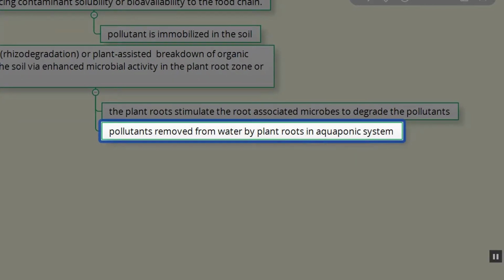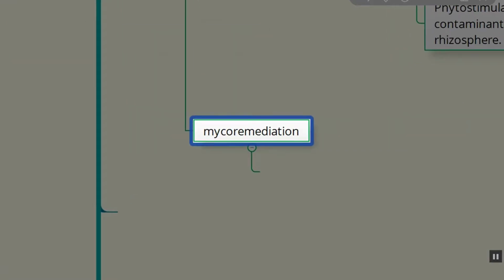The pollutants are removed from the water by the plant root in aquaponic systems. There's actually some nice photographs you can look at online that show the appearance of the roots where the roots are just completely associated. But again, these are in aquaponic systems, and it's the microbes that are associated with the plant root system that are actually doing this work with the plant.